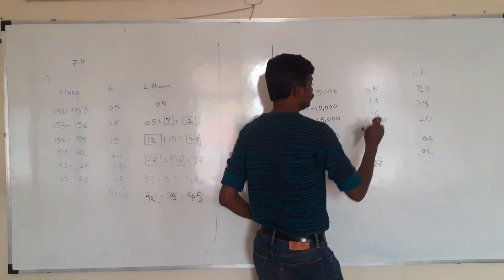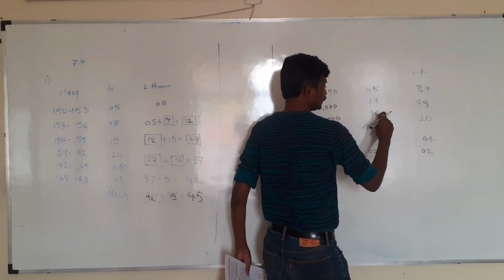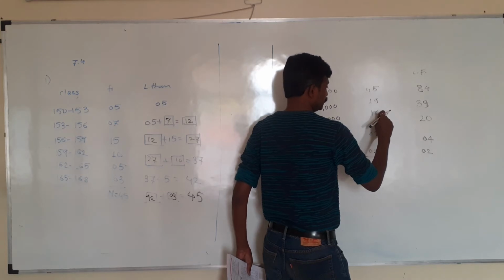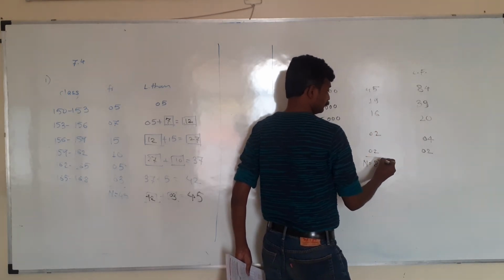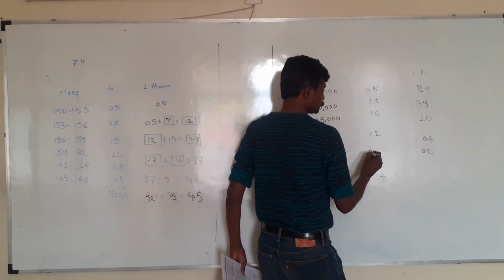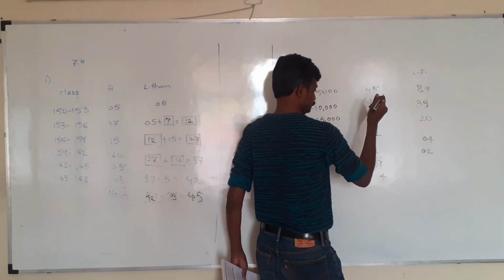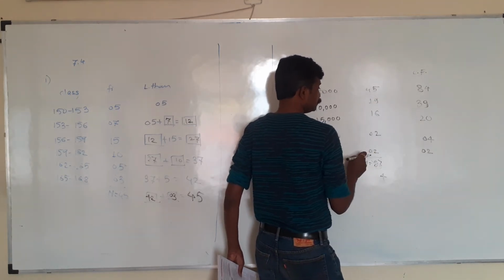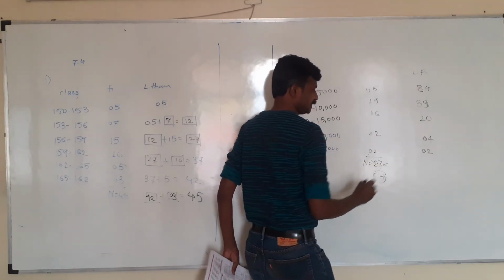What will be the total here? 9 plus 5, 14. 14 plus 6, 20. 20 plus 2, 22. 22 plus 2, 24. So 4 here, carry 2, 2 plus 1, 3, 4, 4 plus 4, 8. So the total is 84, not 87.